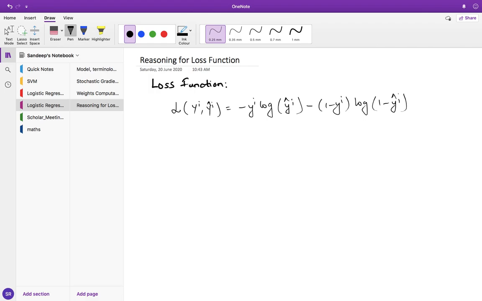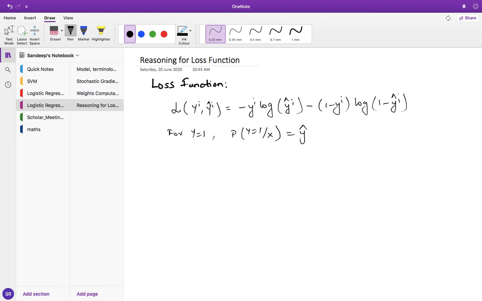First let us revise some of the terminology of y cap. So we defined y cap in this manner. For class 1, for y equal to 1, we have probability of y equal to 1 given x is equal to y cap.